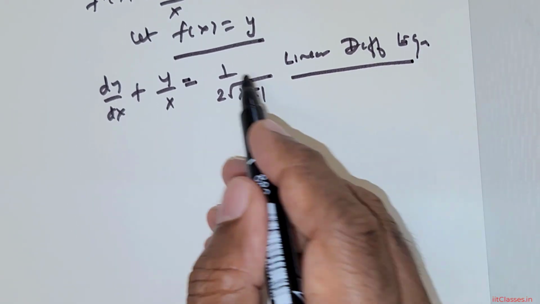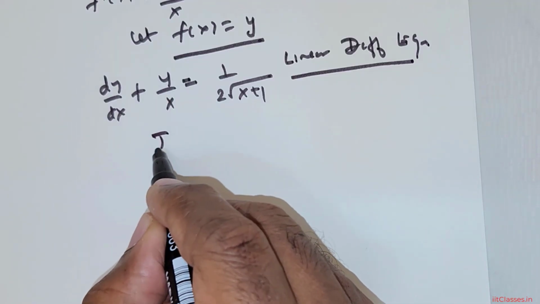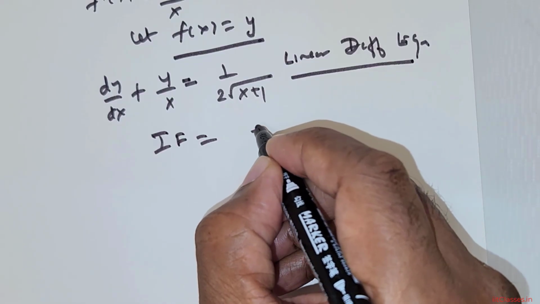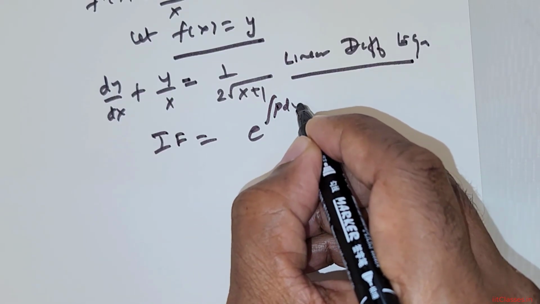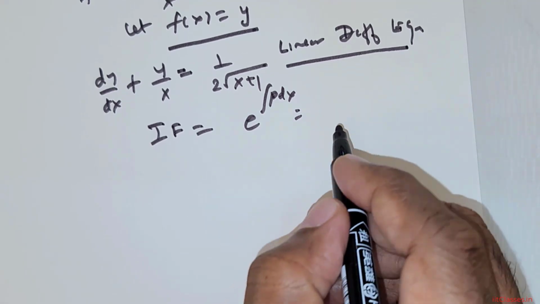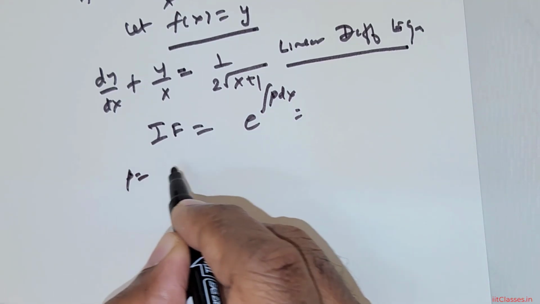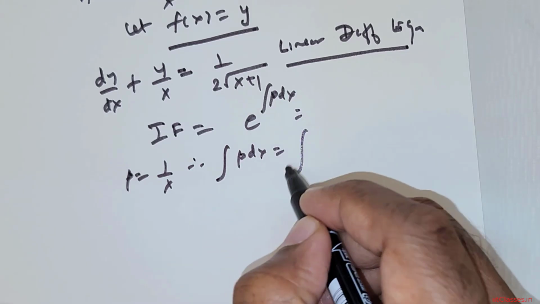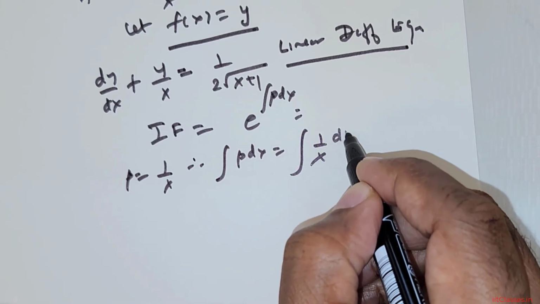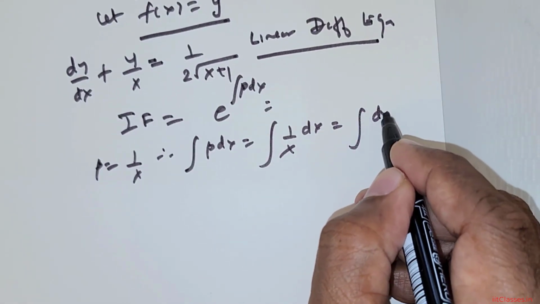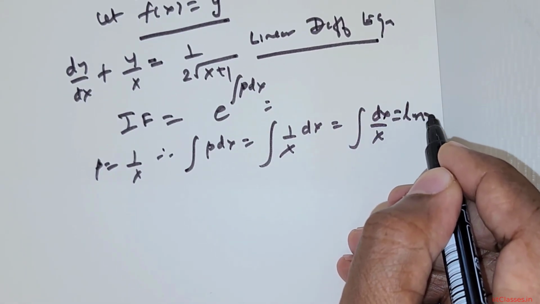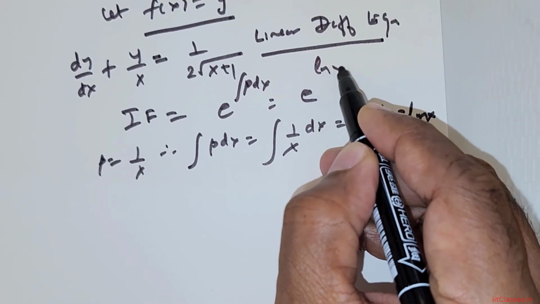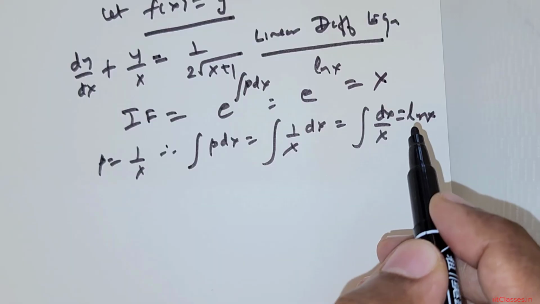Since it is a linear differential equation, we can extract the integrating factor, which is e raised to the power of ∫p dx. So my p is 1/x, therefore ∫p dx is equal to ∫dx/x, which is nothing but ln x. So e raised to the power of ln x will give us x.